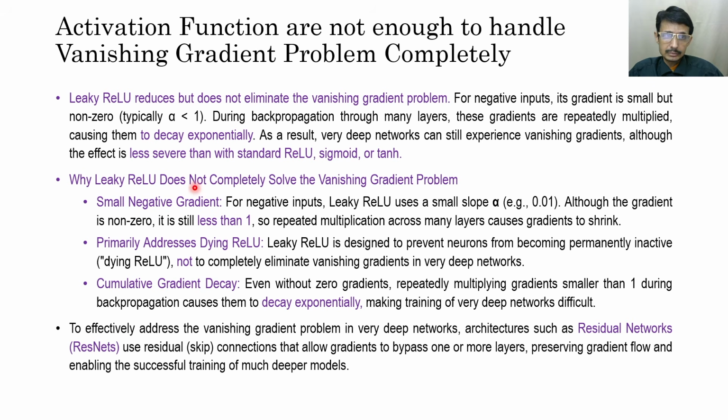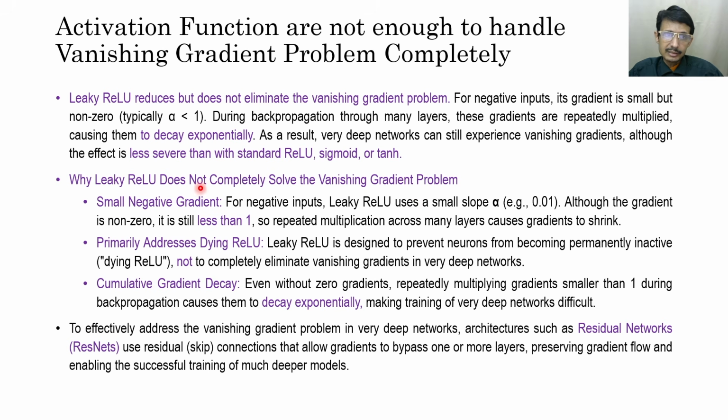Now, why does leaky ReLU not completely solve the vanishing gradient? Because of this small negative gradient. For negative inputs, leaky ReLU has a small slope, alpha, 0.01 maybe or something. Although the gradient is non-zero, it is still less than 1. So repeated multiplication across many layers causes the gradient to shrink.